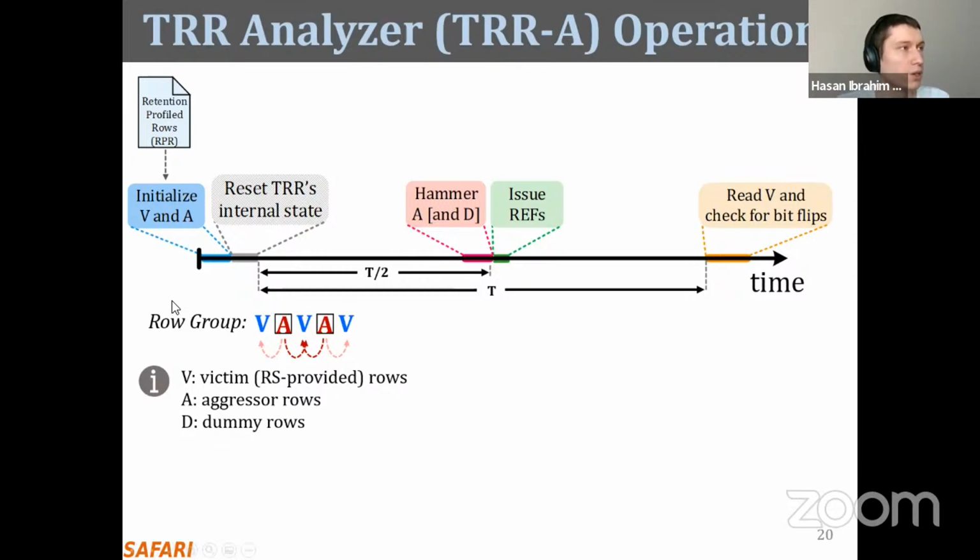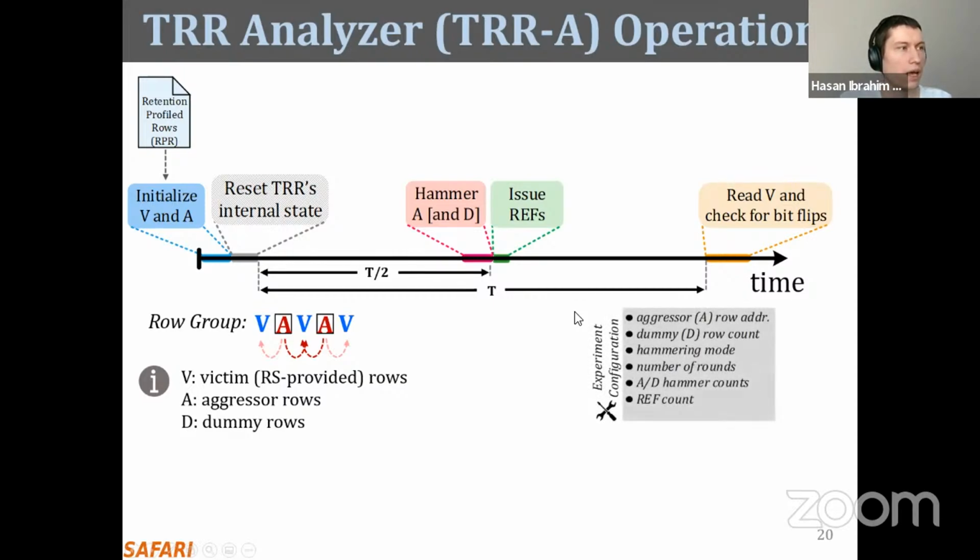And basically, here we can easily observe when we hammer a certain aggressor row a lot, we expect the TRR mechanism to normally detect this aggressor row as an aggressor row and refresh its neighbors when we issue those refreshes over here. Okay, and basically by doing these kinds of experiments with different configurations, with different number of hammers, different number of aggressors, hammering these aggressors in different order, using dummy rows, we try to understand how this TRR mechanism operates, right?